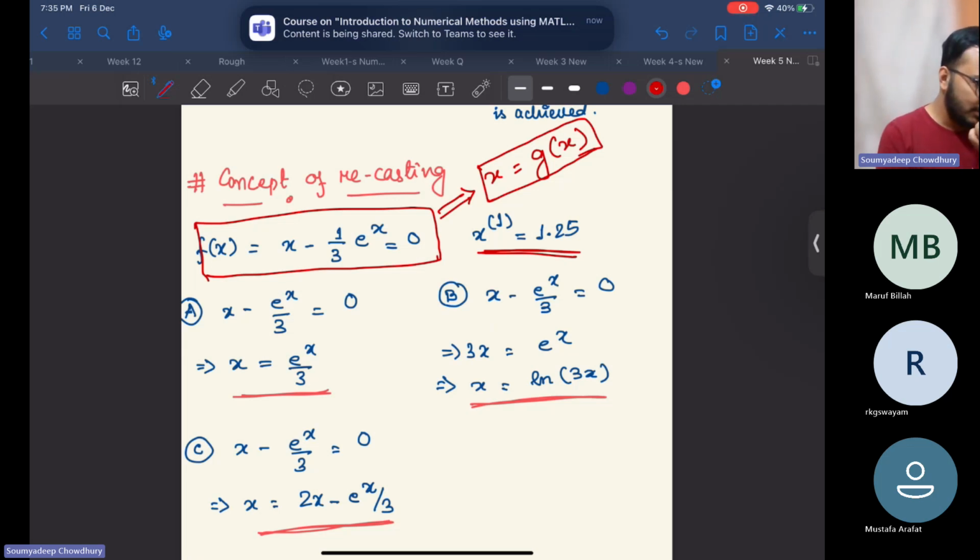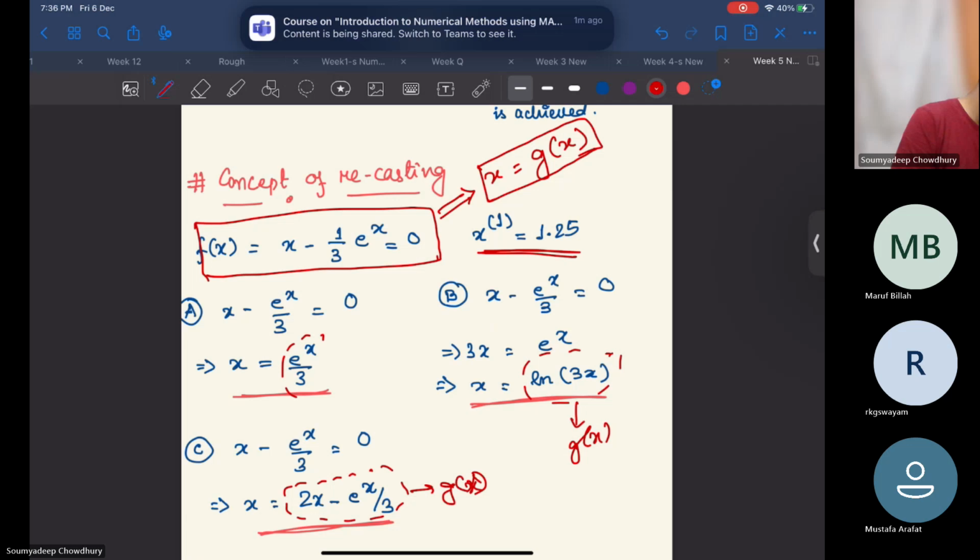The first option was x equals e power x by 3. The next option was 3x equals e power x, and if we take ln on both sides, we get x equals ln of 3x. The third possibility was x equals 2x minus e power x by 3. This is my recasting function, g of x.